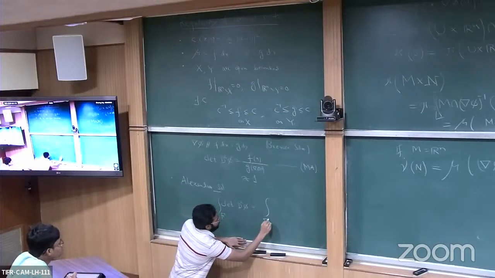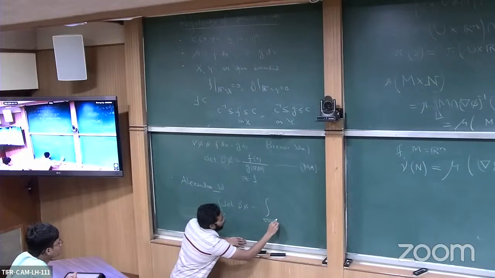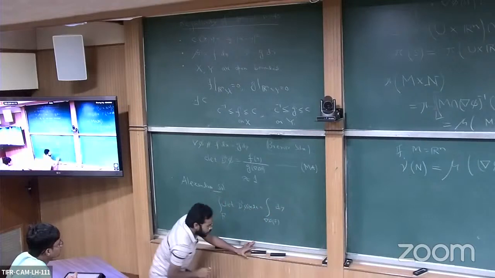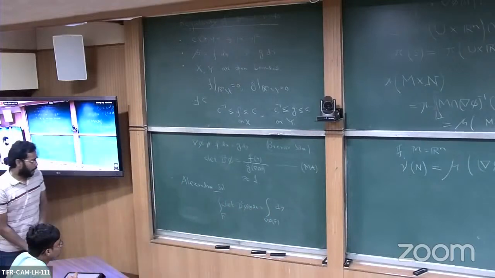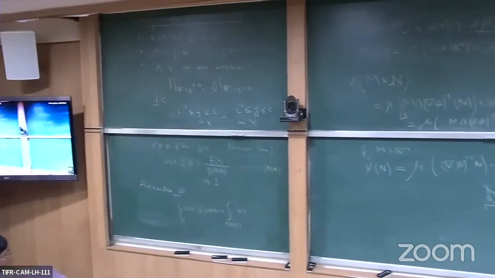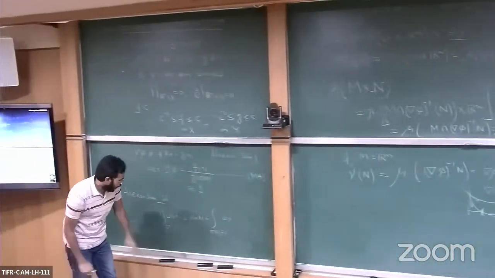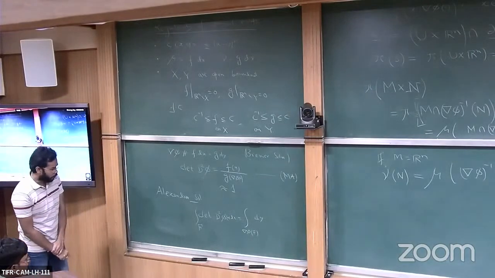Let us say everything is smooth, and x equals T1. So here, if I do the change of variable, we get this one when everything is smooth.